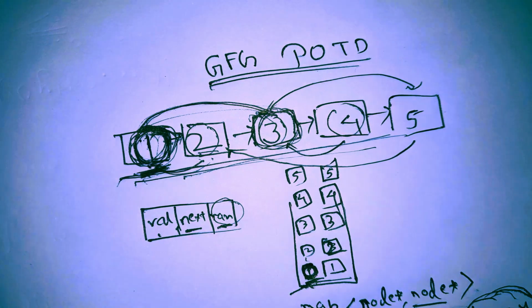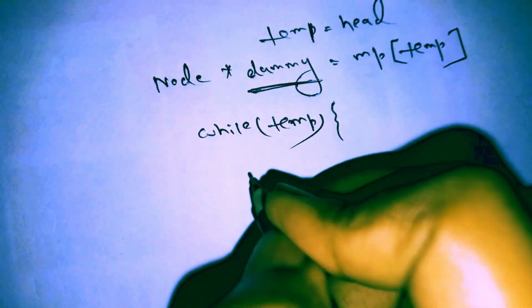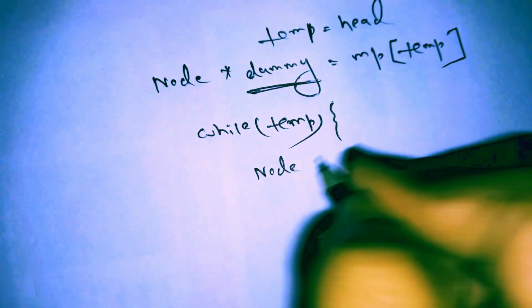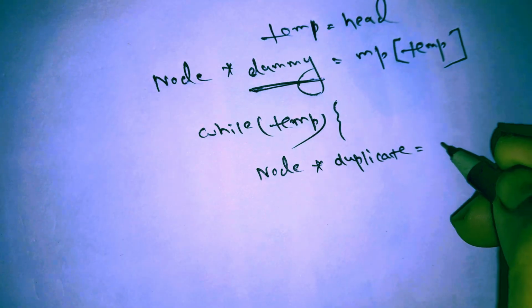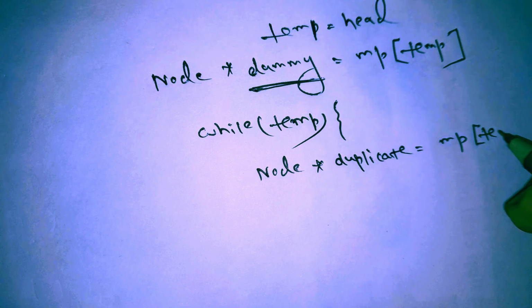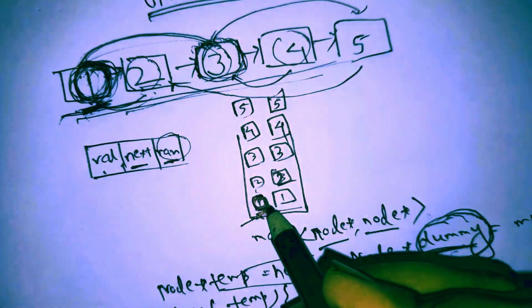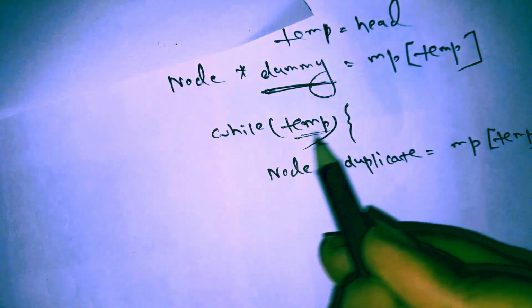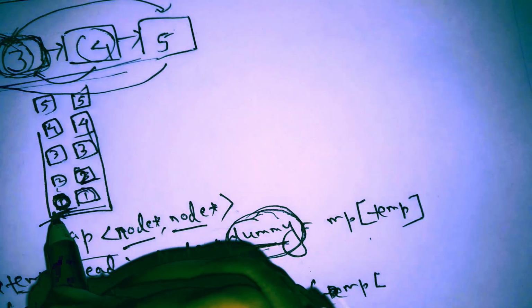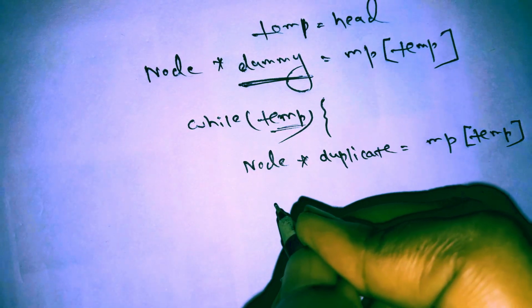Okay, while temp, I will create one node of duplicate, which is mp of temp, and temp is iterating throughout this linked list. Okay, mp of temp.